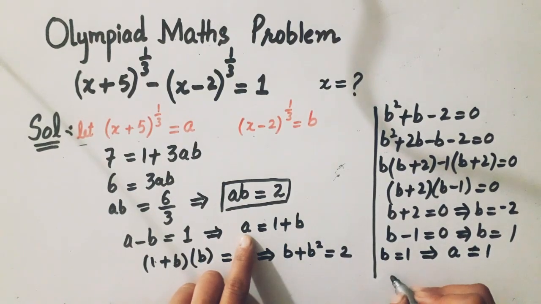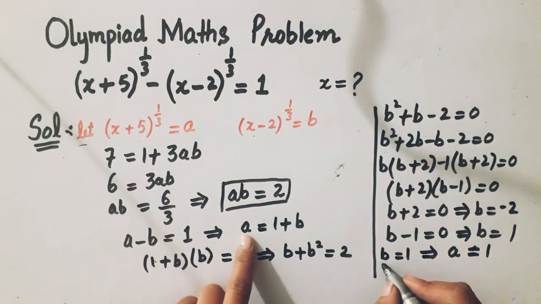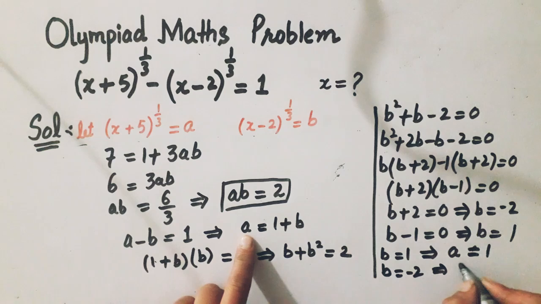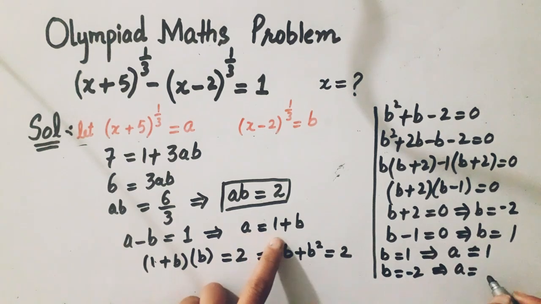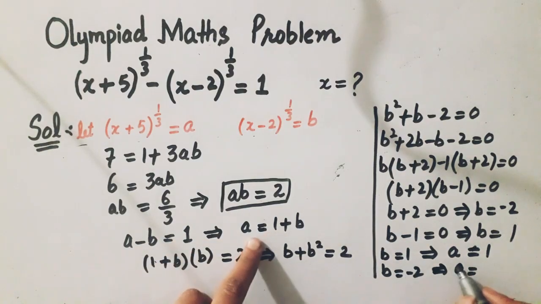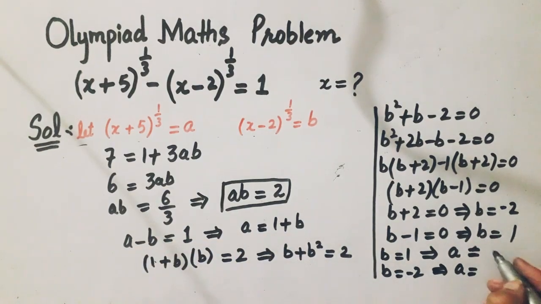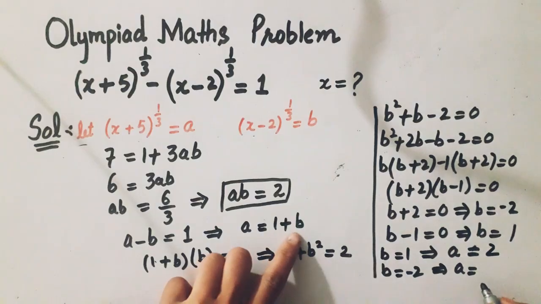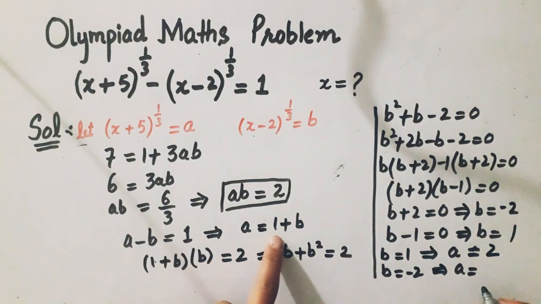When b is 1, a is 2. And when b is minus 2, minus 2 plus 1 will be minus 1. So these are the values of a and b.